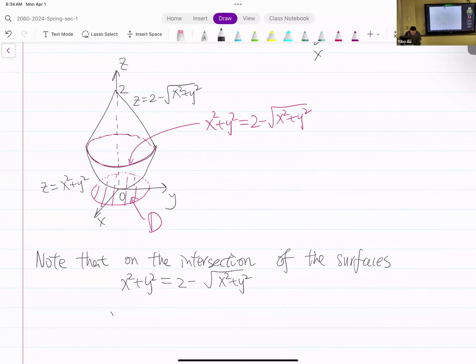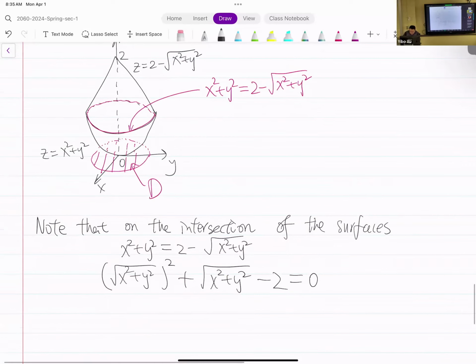So we can treat that radical as a variable, although it looks complicated. Then we move the radical from the right hand side to the left hand side, and also subtract the 2. So this is exactly a quadratic equation, right? If you see this as A, this is A squared plus A minus 2. This quadratic equation helps you to solve for A.